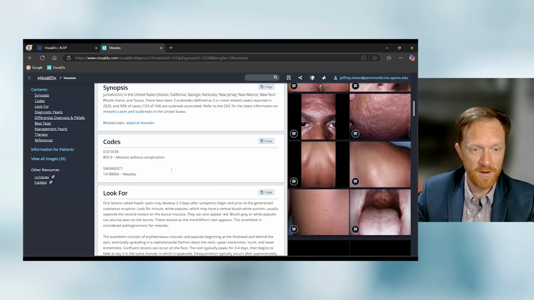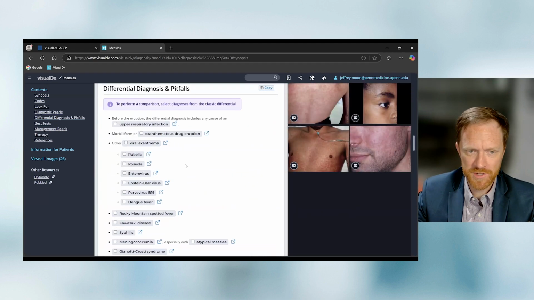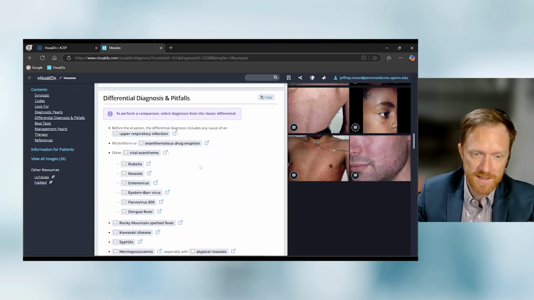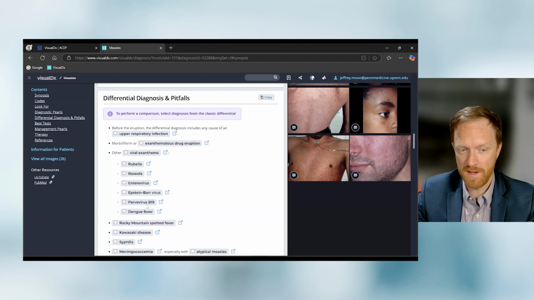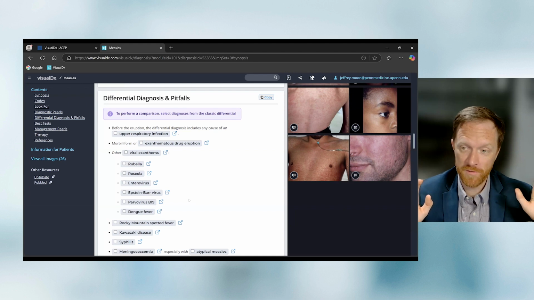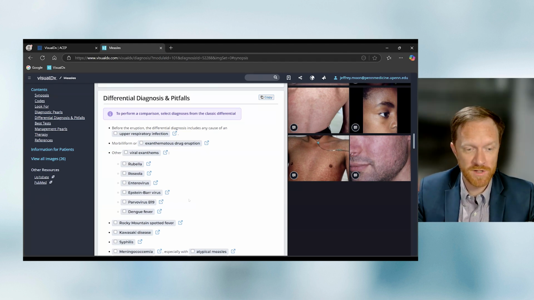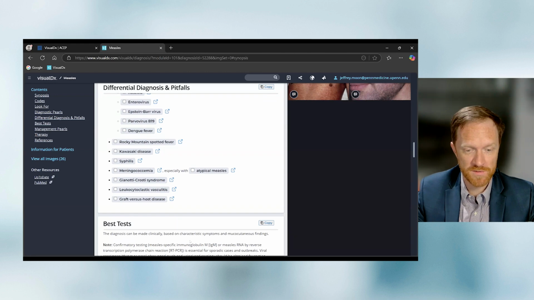Easy to use article. And then it even has a differential, because I might be thinking I see measles, but I'm actually seeing something else here. It might actually be parvovirus B19. And again, I'm an ED doc. I'm trying to figure out between measles or parvovirus. That might be hard, and it's nice to have a good resource such as VisualDx for this kind of thing.